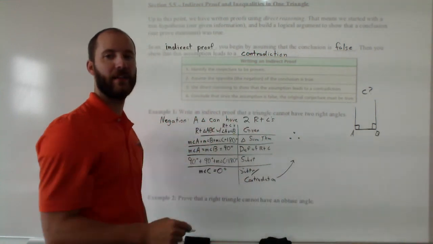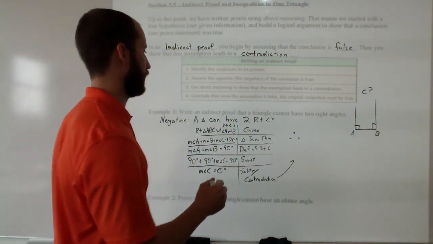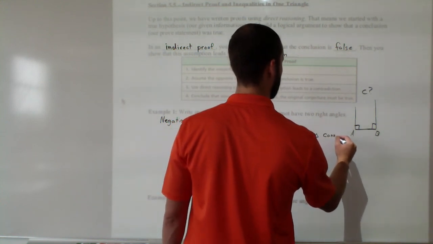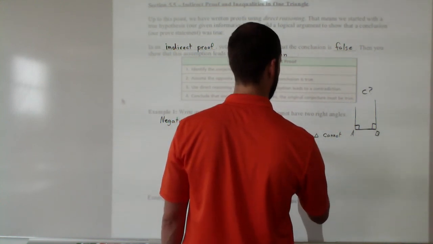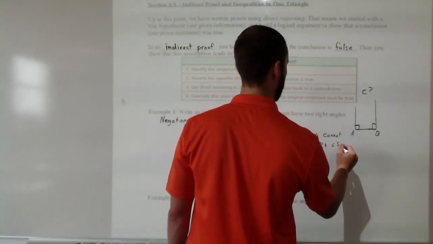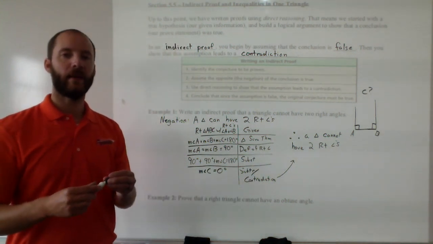These 3 dots, that is notation for therefore. So in conclusion, therefore, a triangle cannot have 2 right angles. And we have our indirect proof.